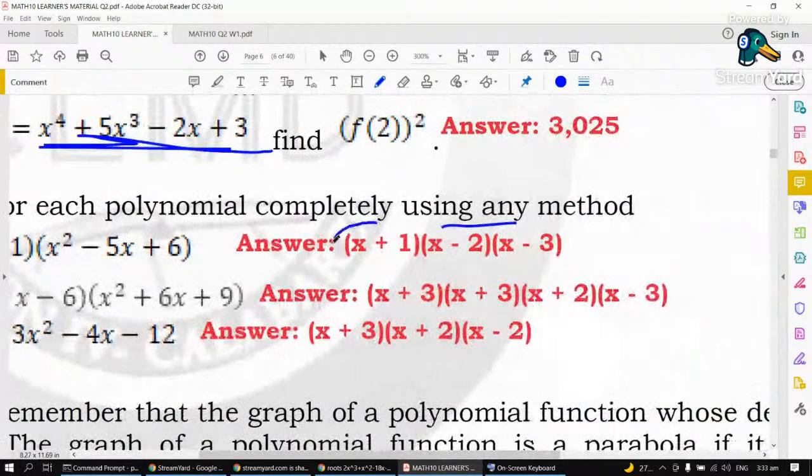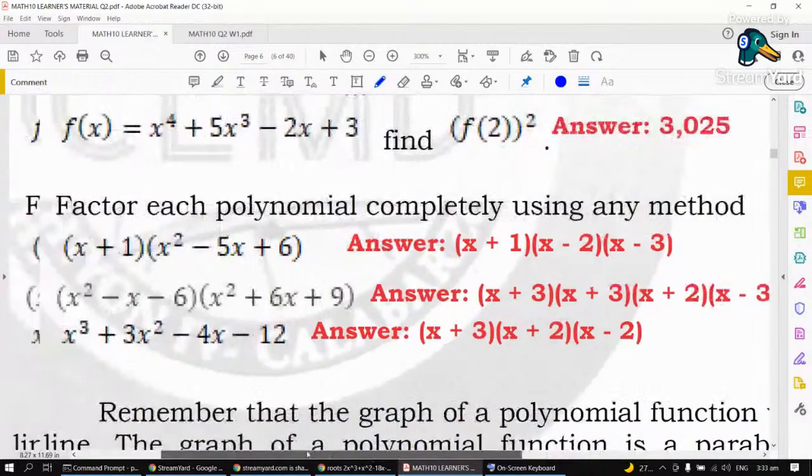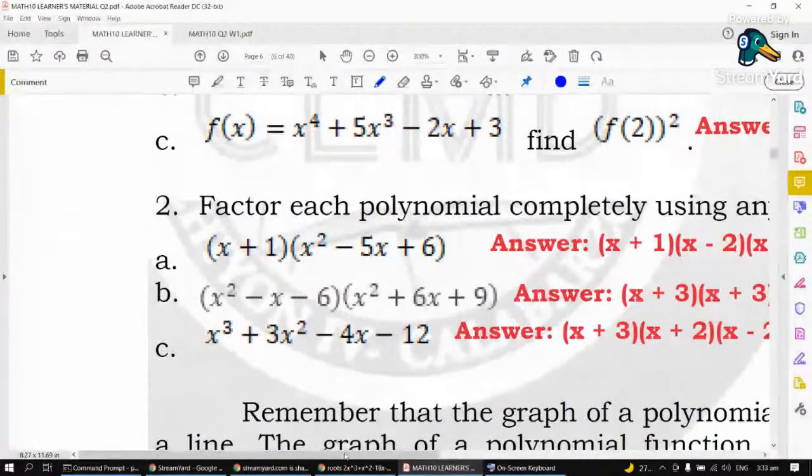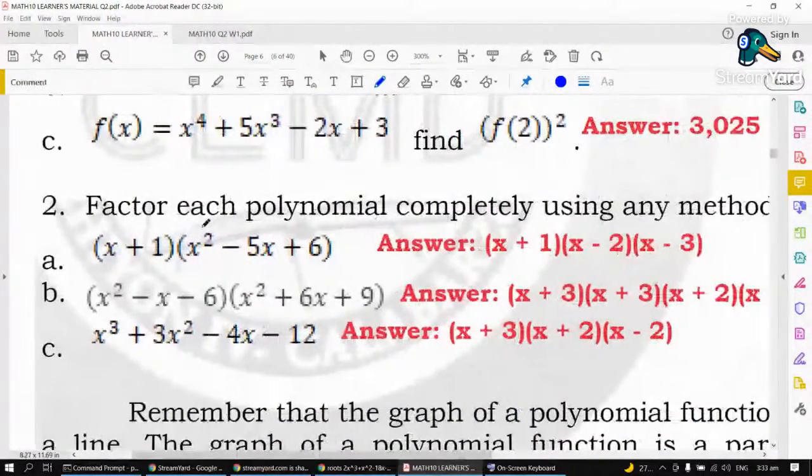Ito ibibigay niyang result. Ganyan, eksakto. X plus 1 times x minus 2 times x minus 3. Yan yung mga roots. Kung mapansin natin, hindi natin makikita ang pinakamataas. Multiply muna natin yan.